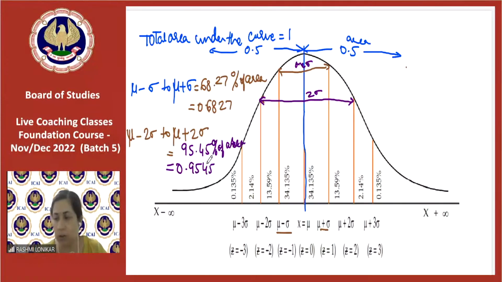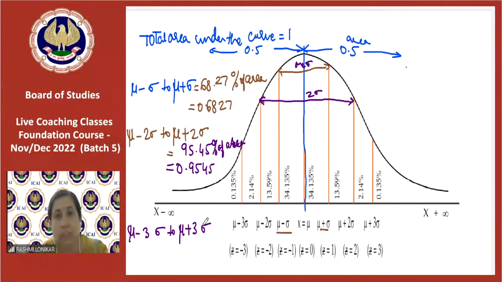What I am trying to emphasize is that you may sometimes see percentage, sometimes you will see it in terms of decimal. There is a lot of difference in representation, but you just have to understand what it is, and then you will be able to write the correct answer. What will happen when I move from mu minus 3 sigma to mu plus 3 sigma?